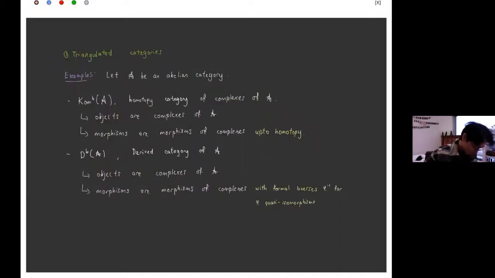Okay, so briefly, what a triangulated category is. I won't start with the definition, but instead with the examples you should keep in mind throughout this talk.